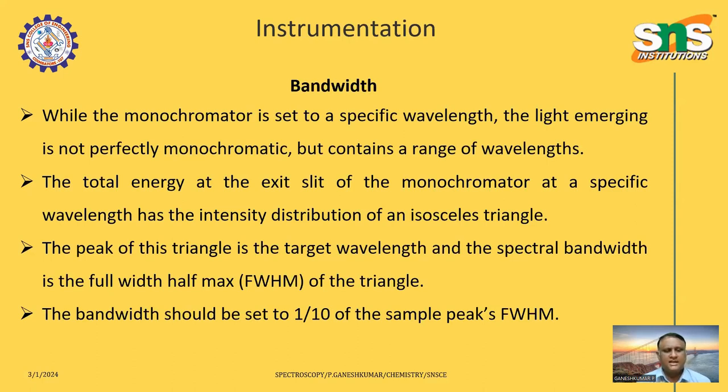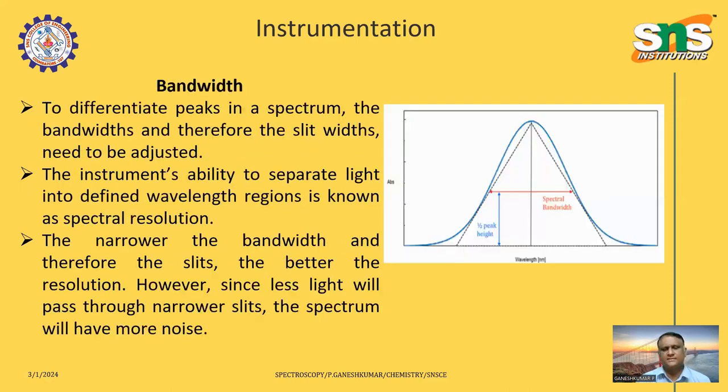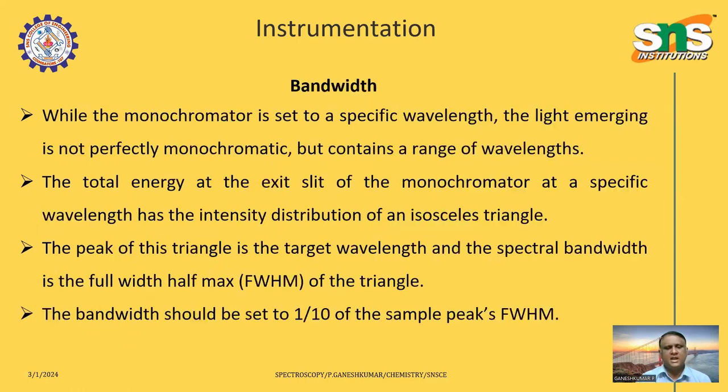The total energy at the exit slit of the monochromator at a specific wavelength has an intensity distribution of an isosceles triangle like this. You see this triangle here? Yes. The peak of this triangle is the target wavelength, and the spectral bandwidth is the full width at half maximum.